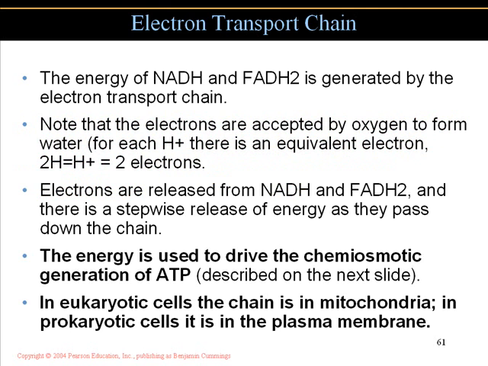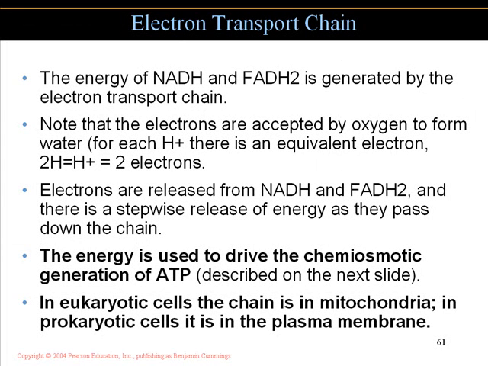Now, again, in the electron transport chain, we see energy from NADH and FADH2 used. Again, I'm not going to ask you these steps particularly. Just know that it's a sequence of events where energy production will take place. The energy released is used to drive the chemiosmotic generation of ATP.